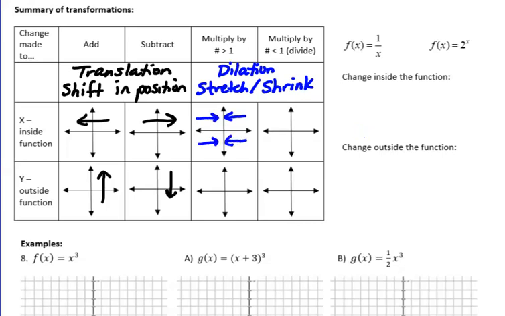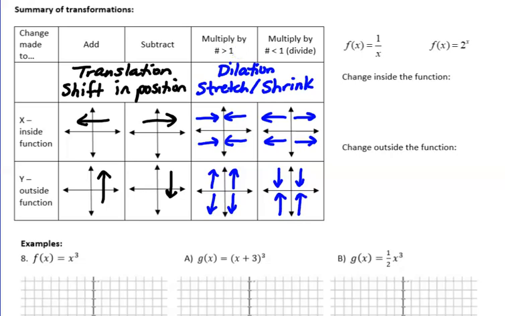If we multiply by a number less than 1, it's causing the graph to expand or stretch away from the y-axis. If we are looking at our y value and we're multiplying by a number outside the function, it makes the whole graph stretch away from the x-axis, getting taller. If we are multiplying by a number less than 1, it's causing our y values to shrink towards the x-axis.